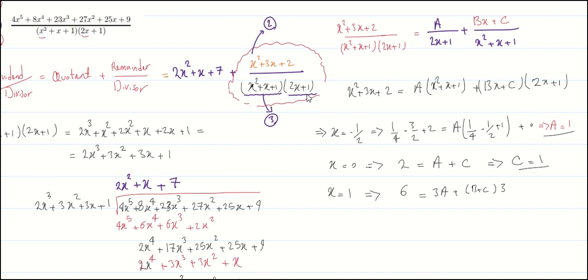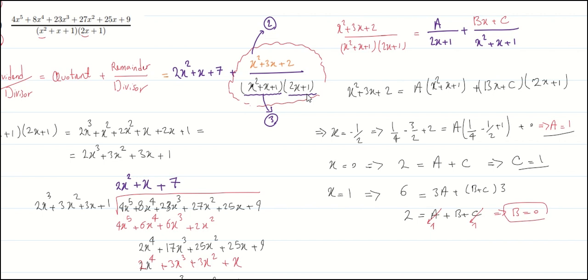Now you can just divide both sides by 3, and we can say 2 is equal to a plus b plus c. Since our a value is equal to 1 and our c value is equal to 1, that means our b value would be equal to 0.